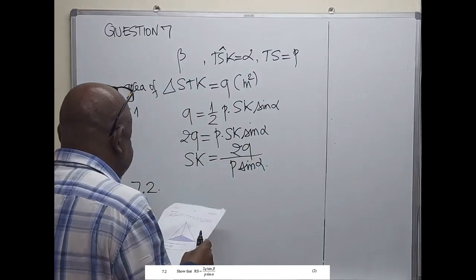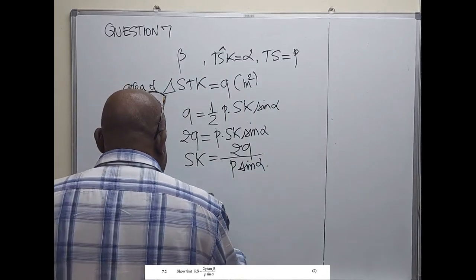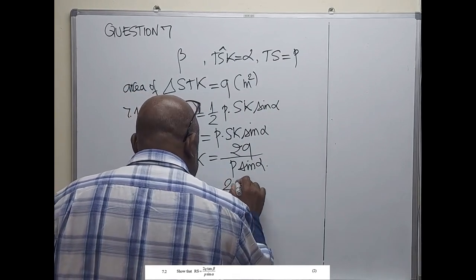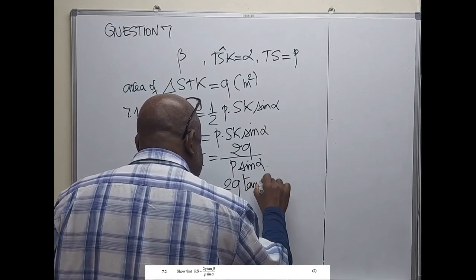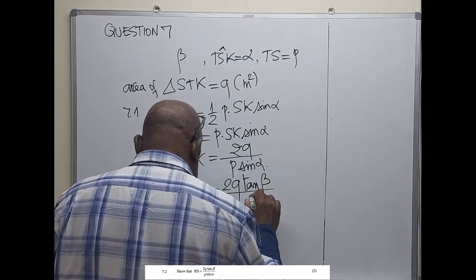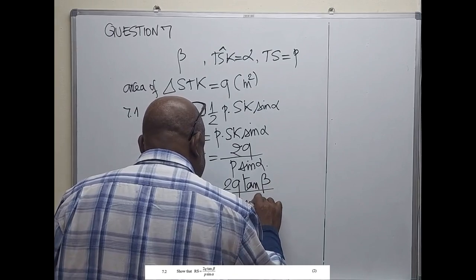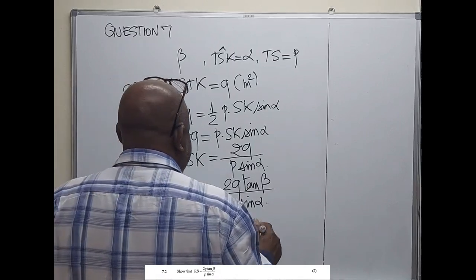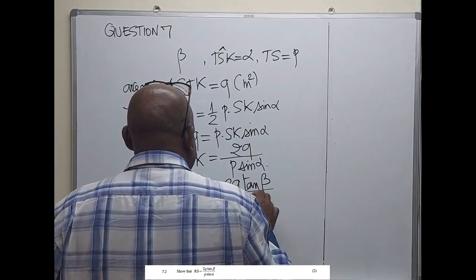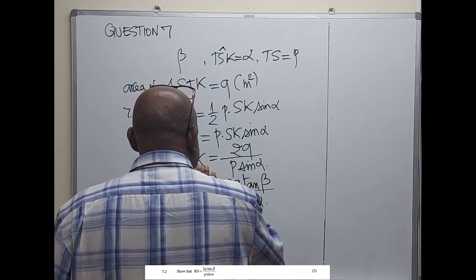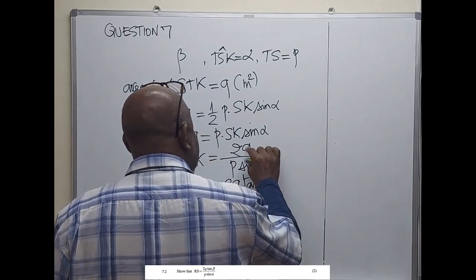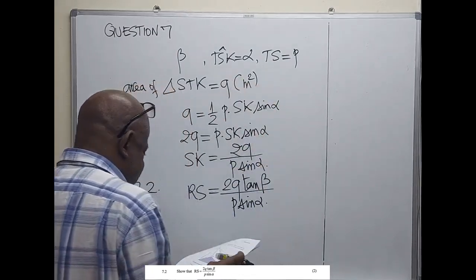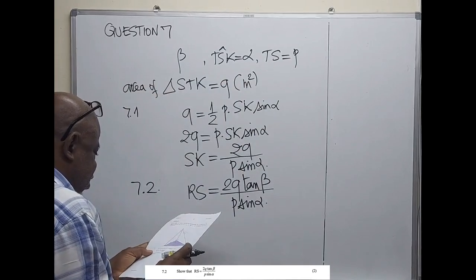Question 7.2, they are saying, show that RS will be equal to 2Q tangent beta over P sine alpha. So you see now, we have already found the formula for SK where Q, alpha and P are used as they were saying in the previous question 7.1.